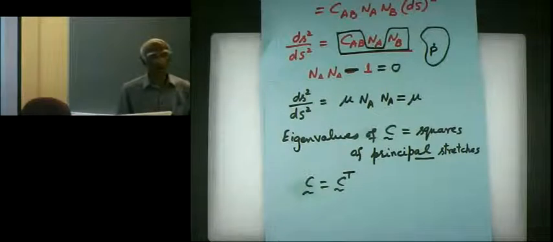The square root of the eigenvalue of C gives you how much stretch you have introduced in the body. What is the maximum stretch or the minimum stretch you have introduced? And if you subtract 1 from it, you will get, roughly speaking, strain, like change in length per unit length.